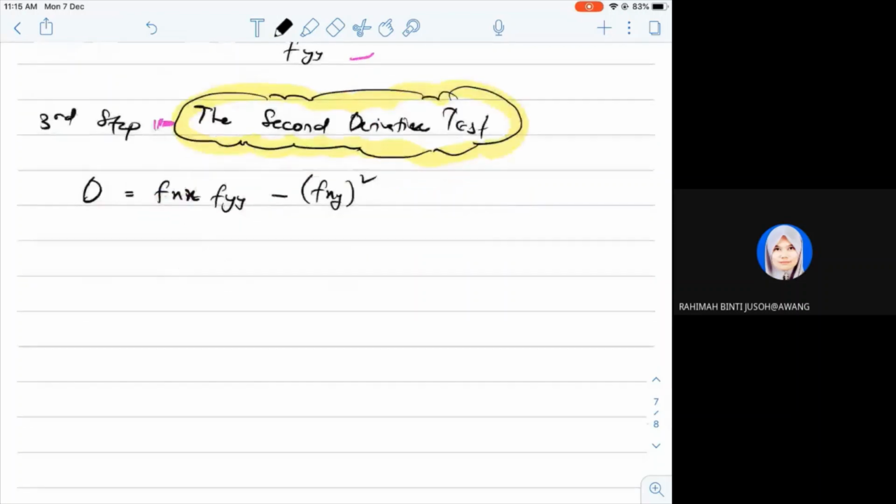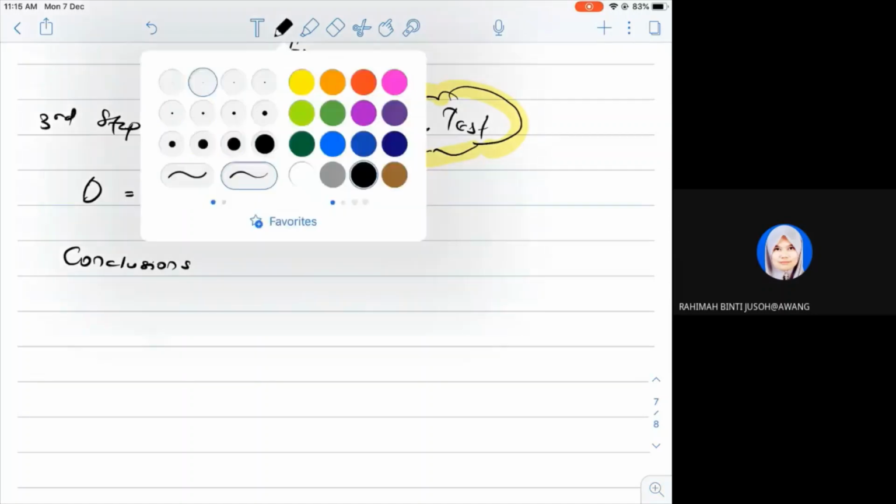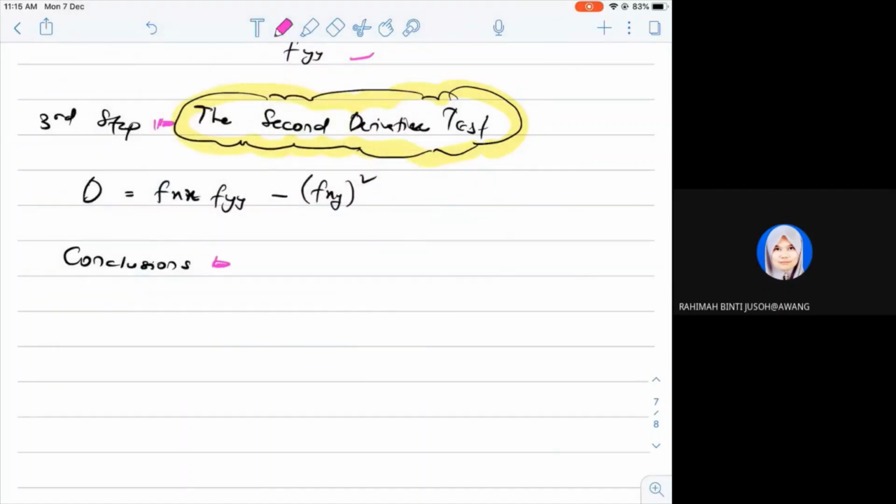Okay, now we come up with the conclusion. There are 4 conclusions based on the values of D. Based on this value. Once you have calculated it, the first conclusion: if you get D greater than 0, or D a positive number, you need to look at your fxx.